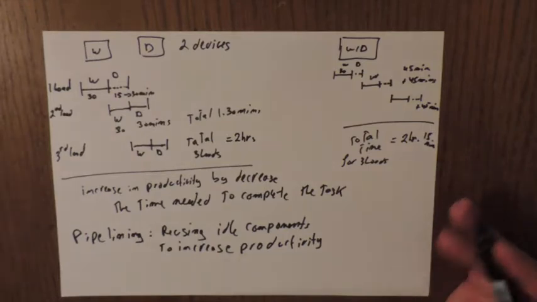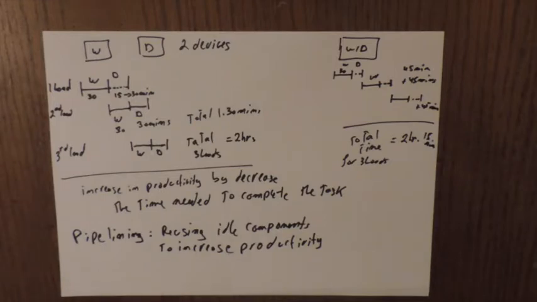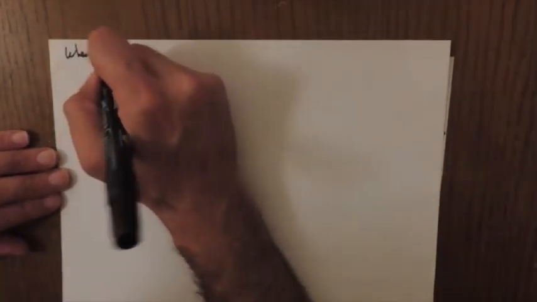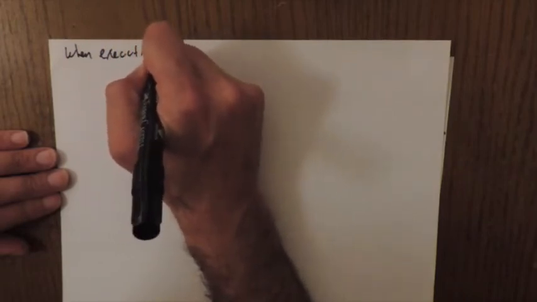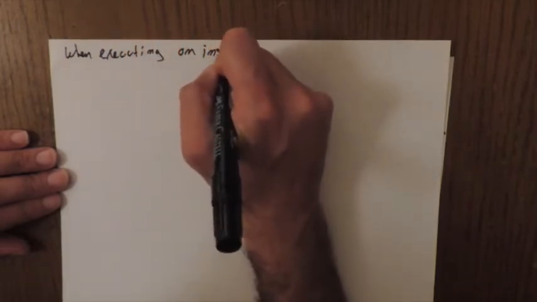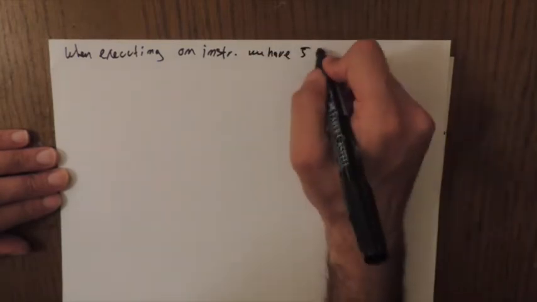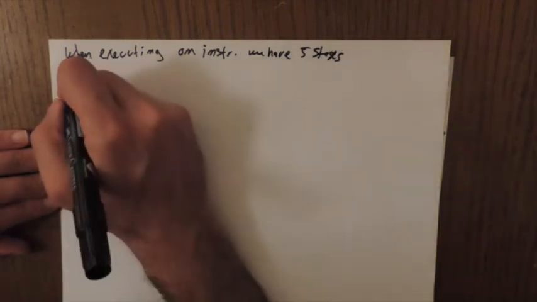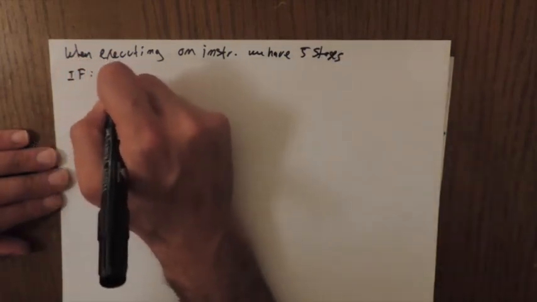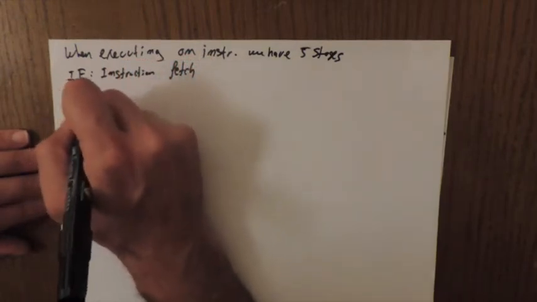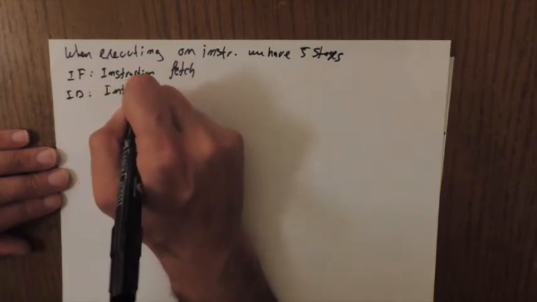So how can I apply this in my processor? So we said previously that the processor has 5 stages. So if you remember in my previous lectures, when executing an instruction, we have 5 stages. IF, which is the instruction fetch, ID, instruction decode.